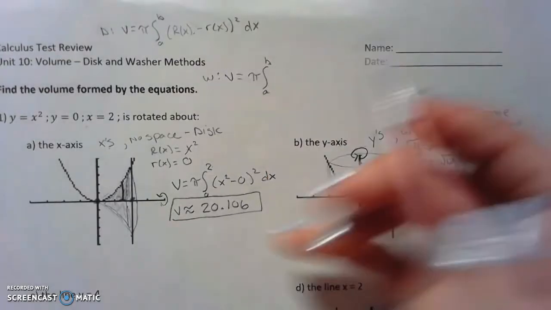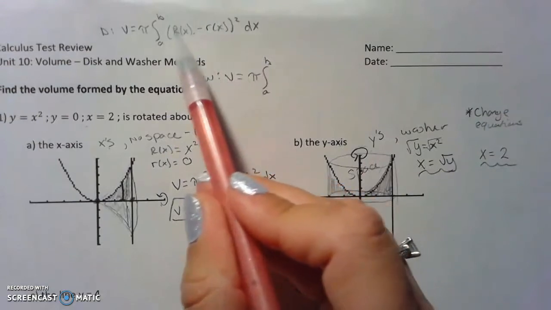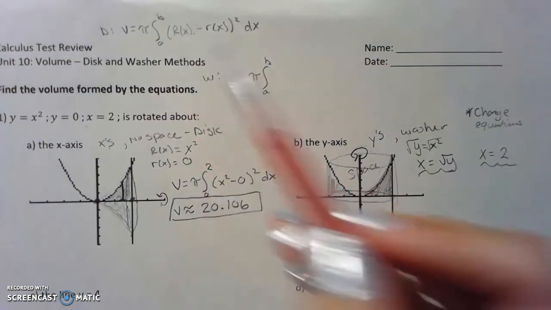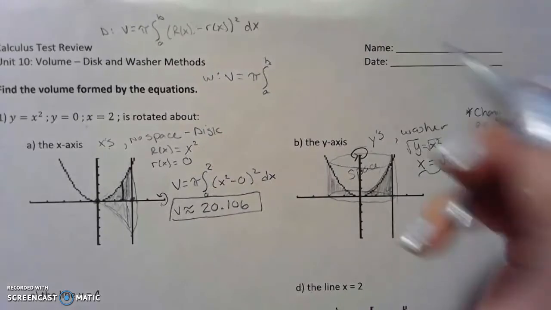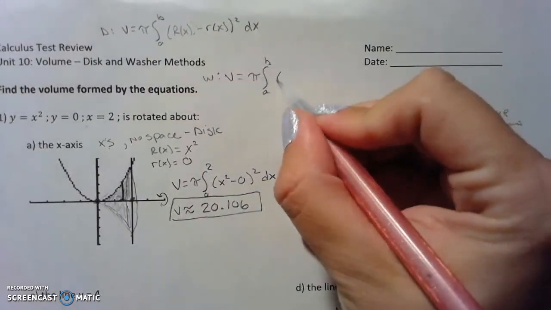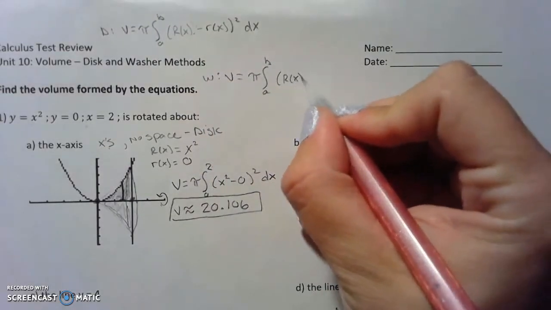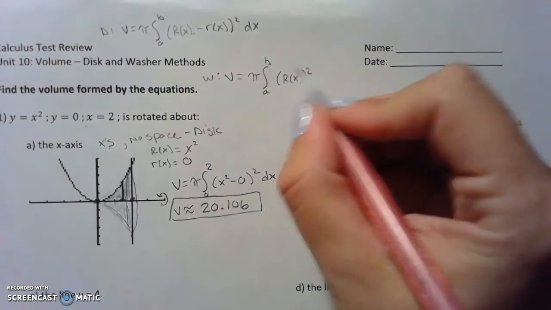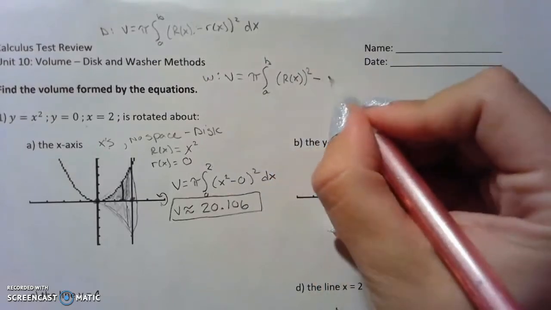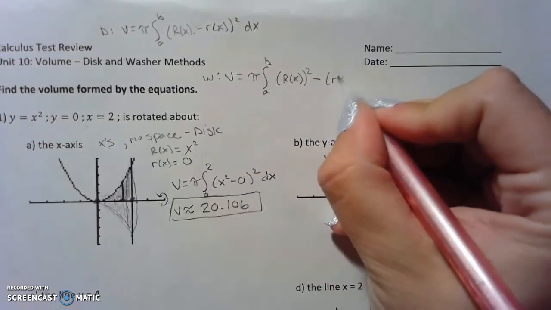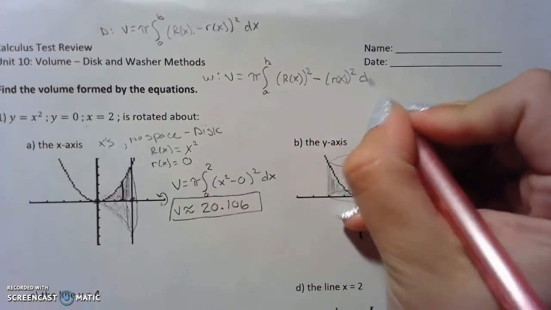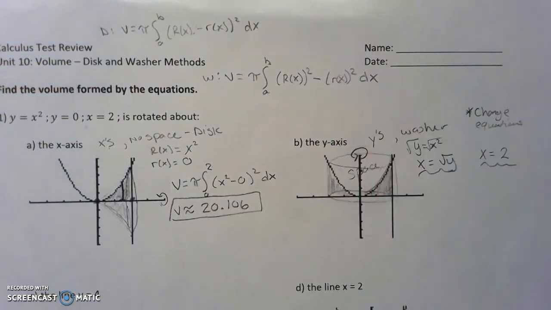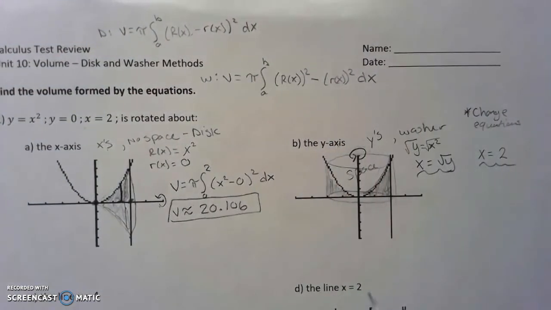The washer method means that we're doing this because this is the area of one piece, but then we have to subtract it out again. So we have the outer radius part squared, then we subtract the inner radius part squared. These are done separately and subtracted, because we're finding the area of one, and then subtracting out the empty piece on the inside.